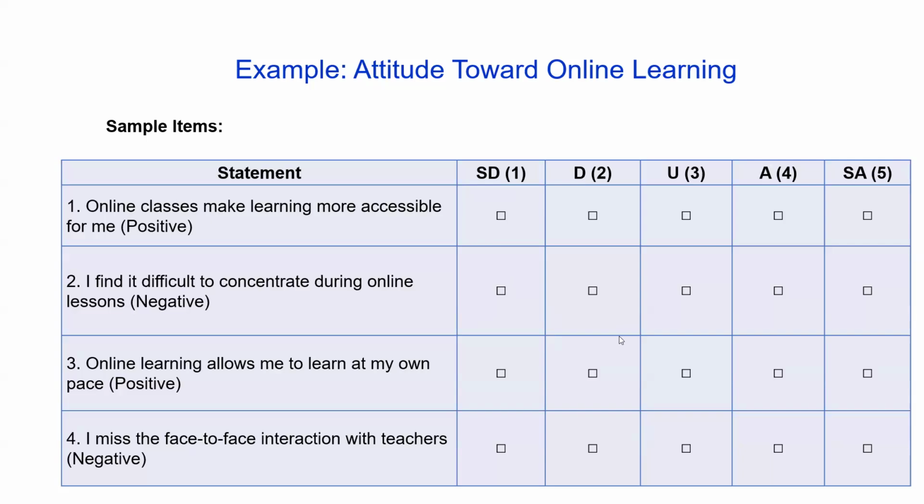Here 4 marks, here 3 marks, here 2 marks, and at this end of the scale, 1 mark. Why? Because the statement is: I find it difficult to concentrate during online lessons, and they strongly agree. Don't confuse.